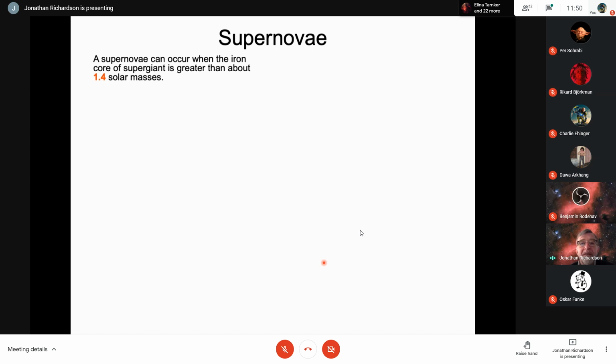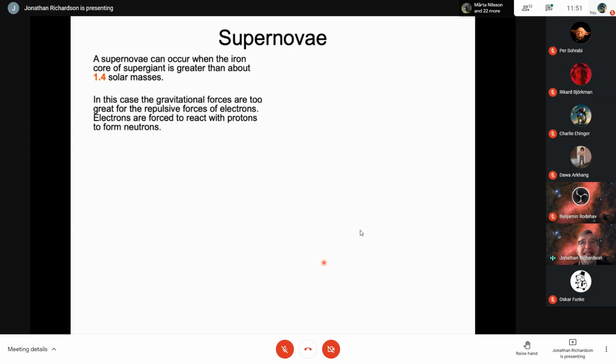These numbers all come about through various different calculations that have been carried out primarily by an Indian astrophysicist called Chandrasekhar, who did a lot of the thermal processes and the mathematics behind the processes in the burning of stars. And that's where these values of particular numbers for particular types of stars come from. So it's very significant. It's the iron content, not the mass overall of the star, that causes the supernova.